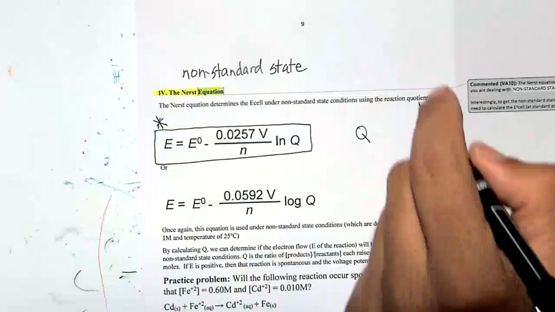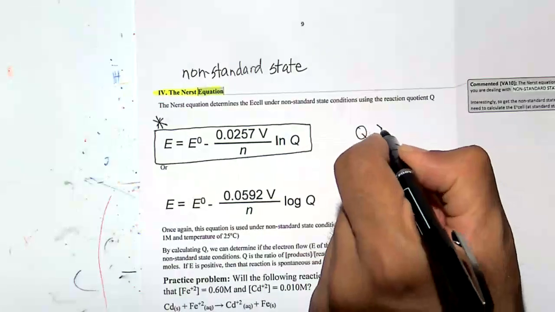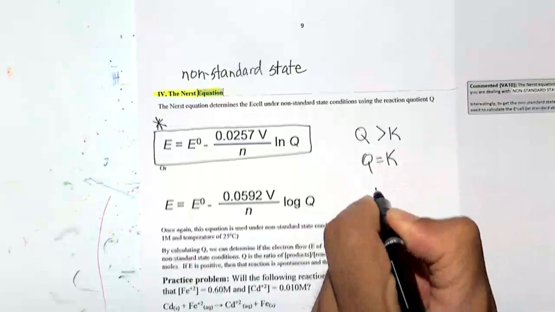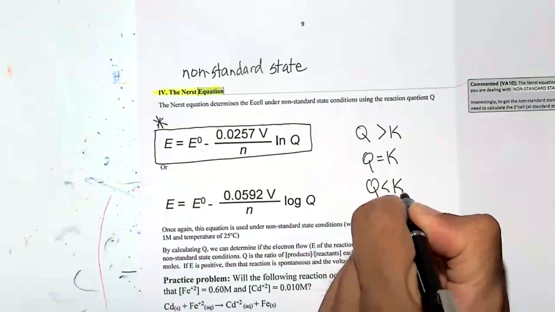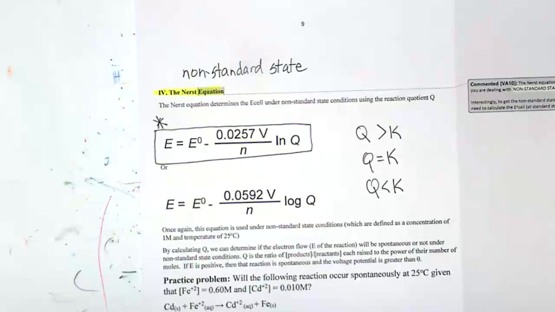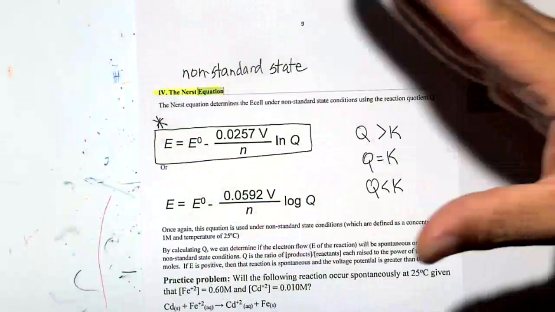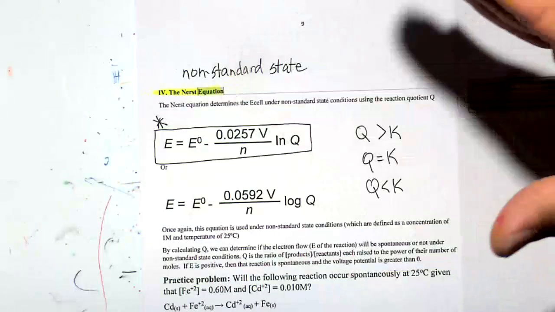There's three situations that could happen. Number one, Q can be greater than K. Q can be equal to K, and then Q can be less than K. So what's the situation where Q is greater than K? The alligator jaws point to the reactant side.